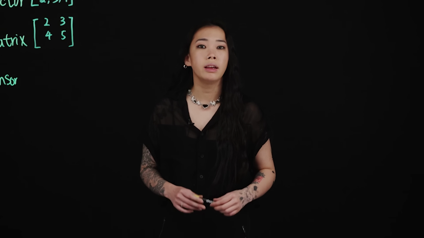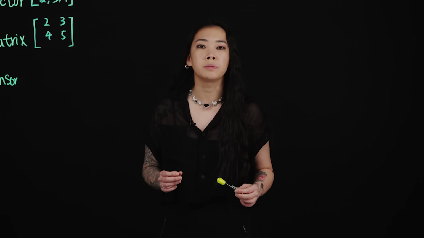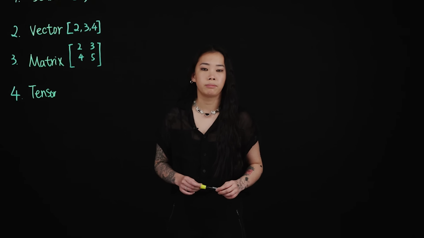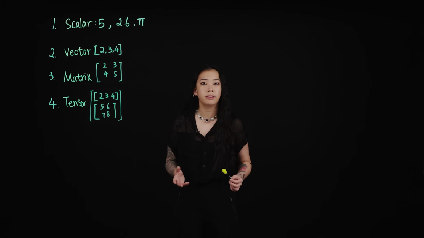For instance, an image can be represented as a matrix where each entry corresponds to a pixel, grayscale, or color intensity. A tensor generalizes this idea in even higher dimensional space that's greater than 3D. Tensors are also multidimensional arrays used to represent data in TensorFlow.